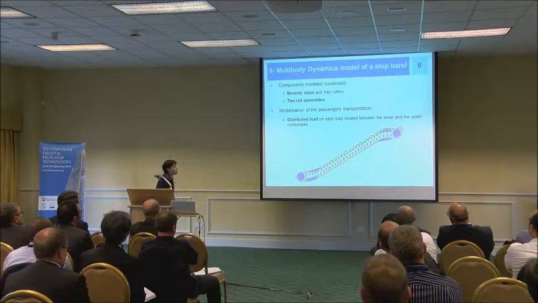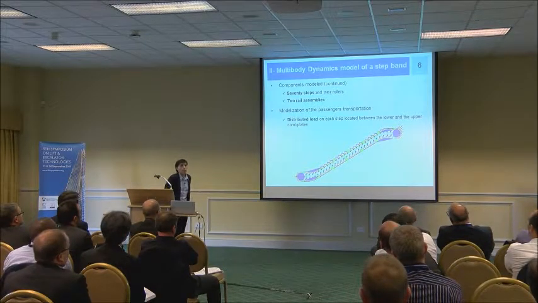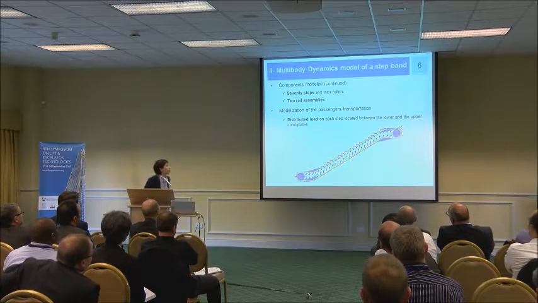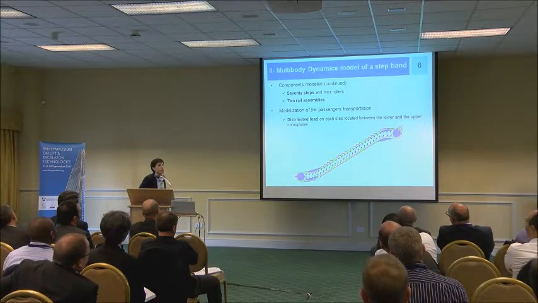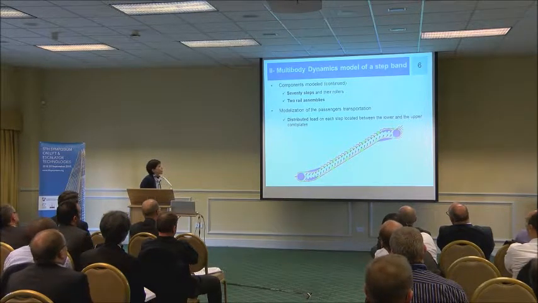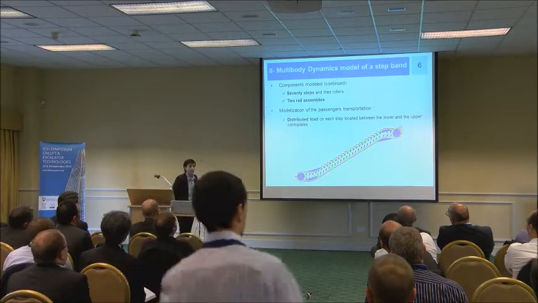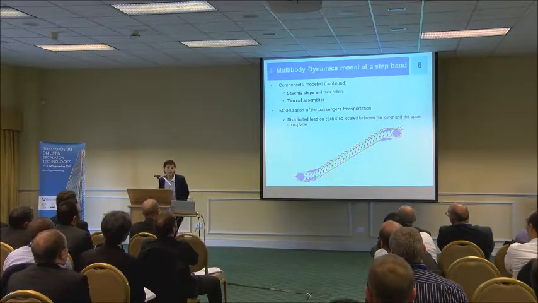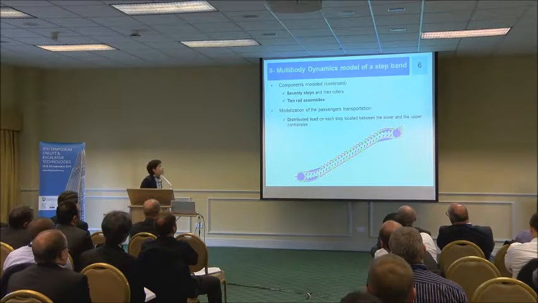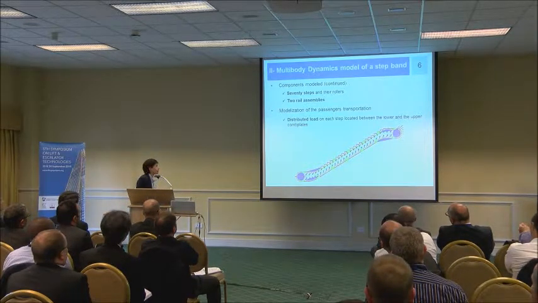So that makes a total of more than 700 moving parts, around 17,000 degrees of freedom, which is why it takes around 3 hours to compute the 26-second animation you just saw, which represents half of a full rotation of the step band.